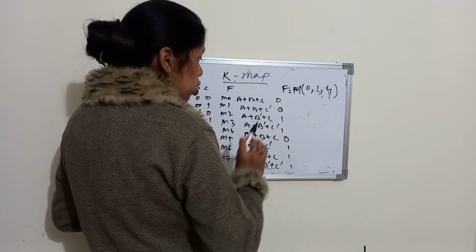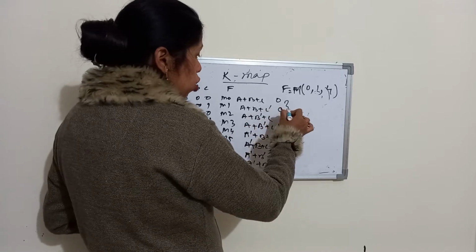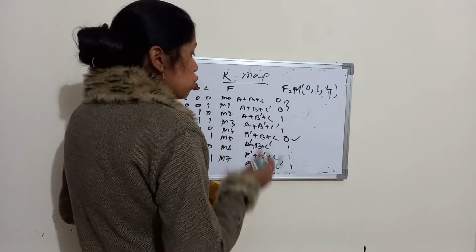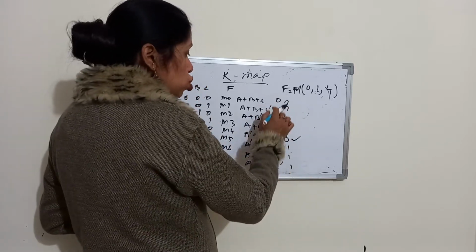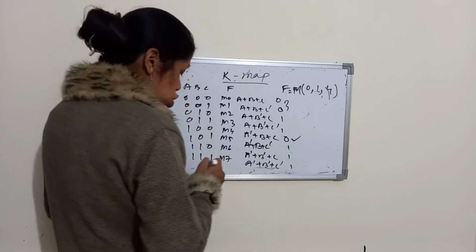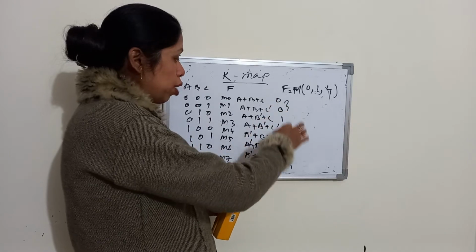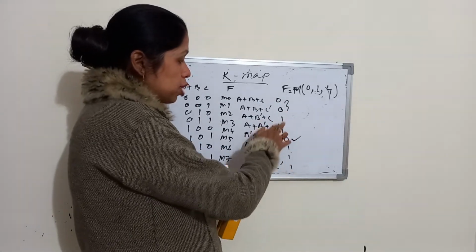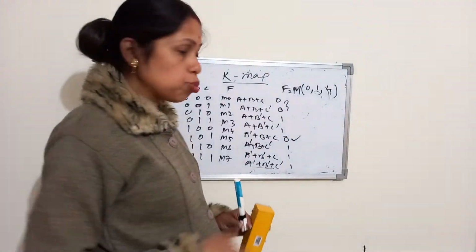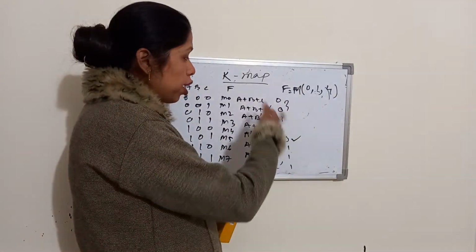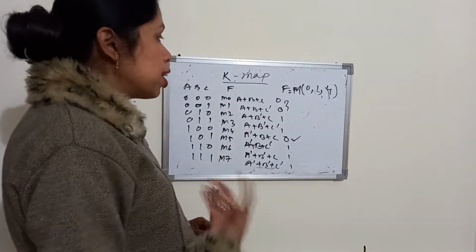So when you deal with the max term, I have to deal with only the 0s. In the K-map, I have to put only those 0s; 1s I have not put. If 0, 1, 4 are the max terms, that means the others are the min terms. So min term can be represented as a 1 and max term can be represented as a 0.